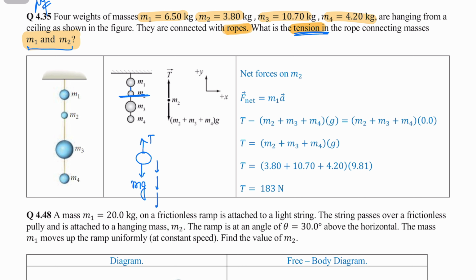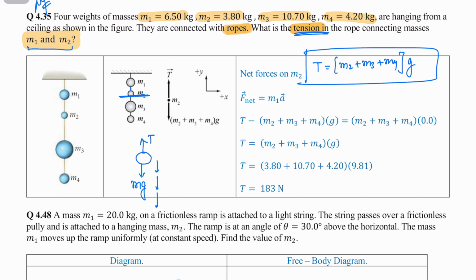So can I say T equals M2 plus M3 plus M4, all the masses below, times g? Balance it, because there is no net force. Why? The body is not going anywhere. It is connected, it is hanging. Clear? So just place the values and you can find the tension.